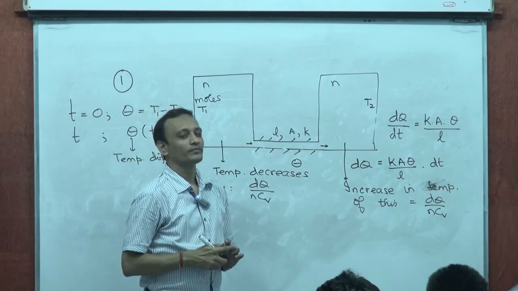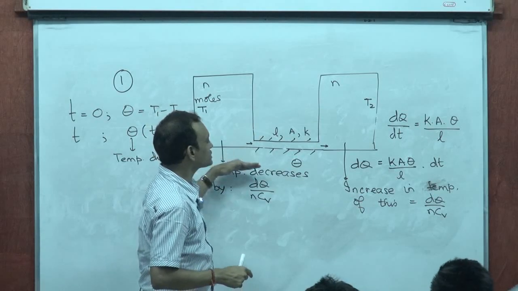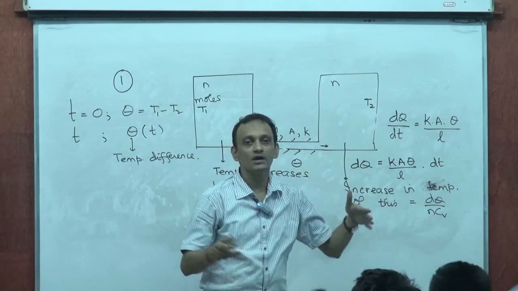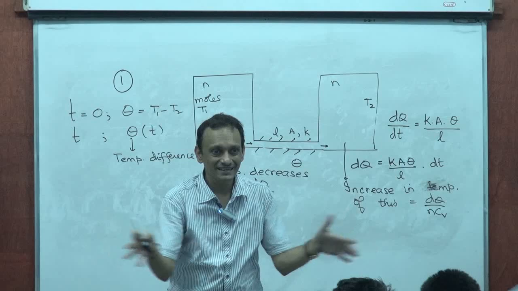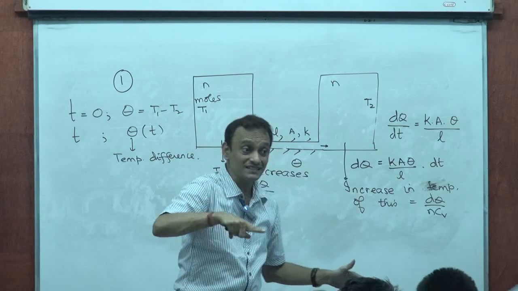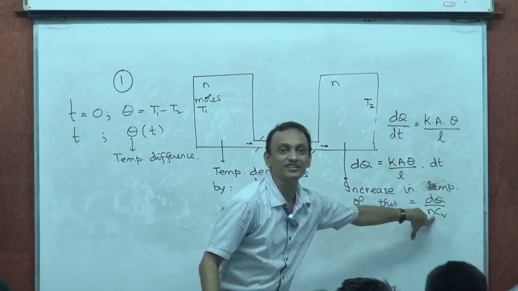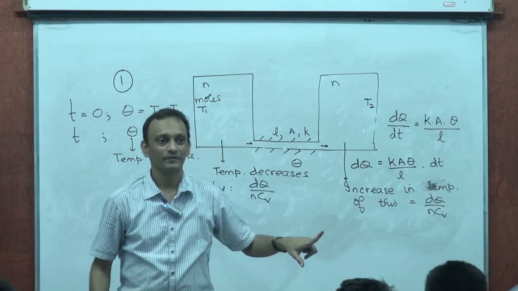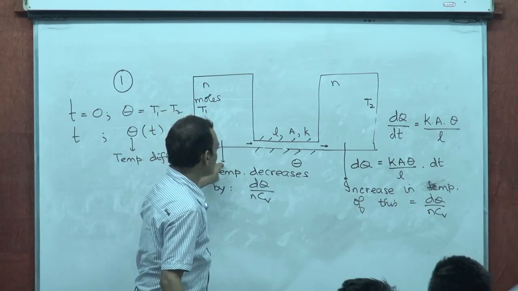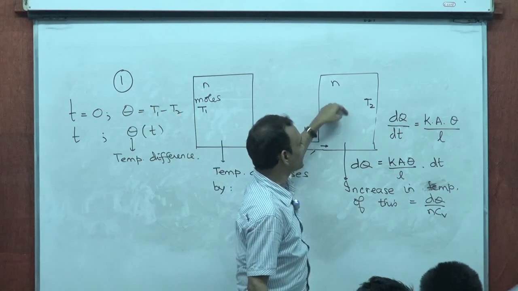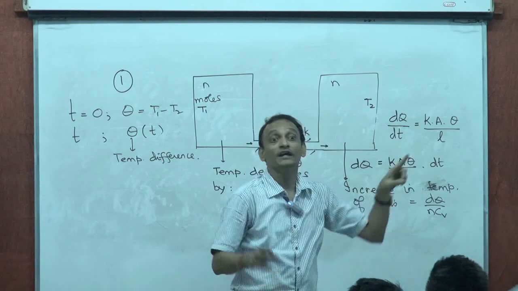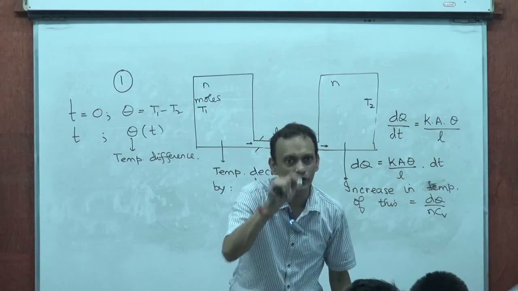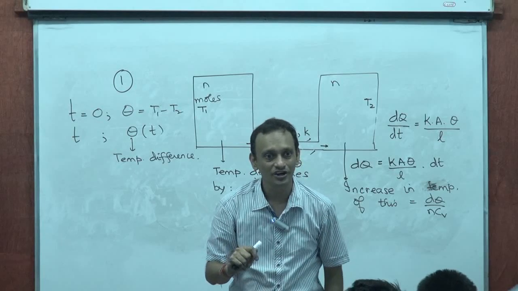Now, if the temperature of this decreases, the temperature of this increases, the temperature difference will decrease by an amount, this plus this. If the temperature of this decreases by 1 degree, the temperature of this increases by 1 degree, then the temperature difference will decrease by 2 degrees. Yes or no? Right?